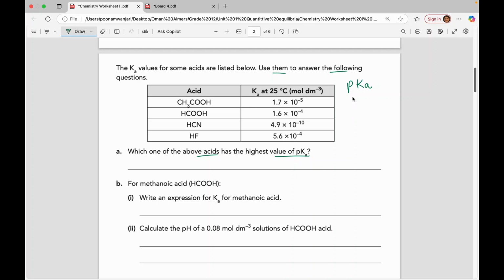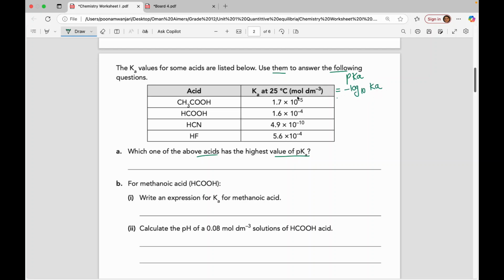If you want, you can take logarithms also. Here pKa is equal to negative log Ka, and you can take the log of these values.